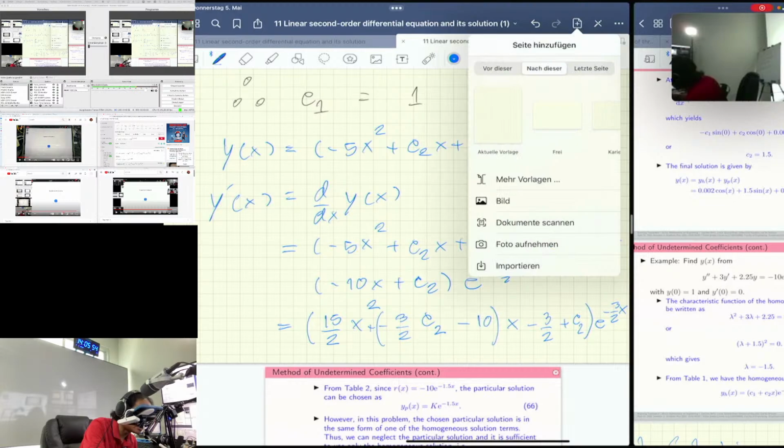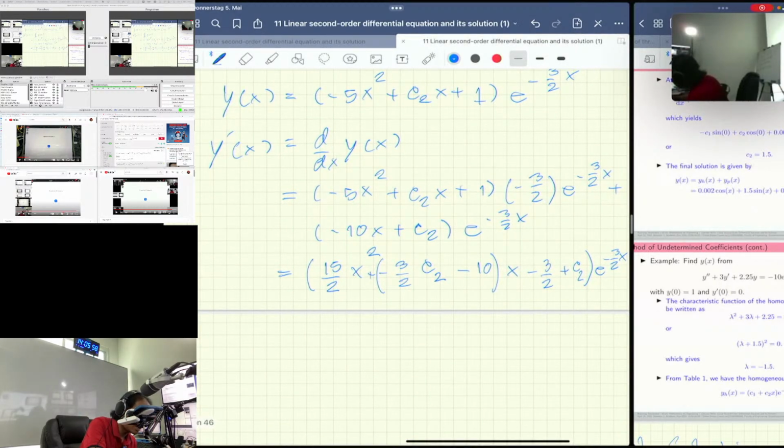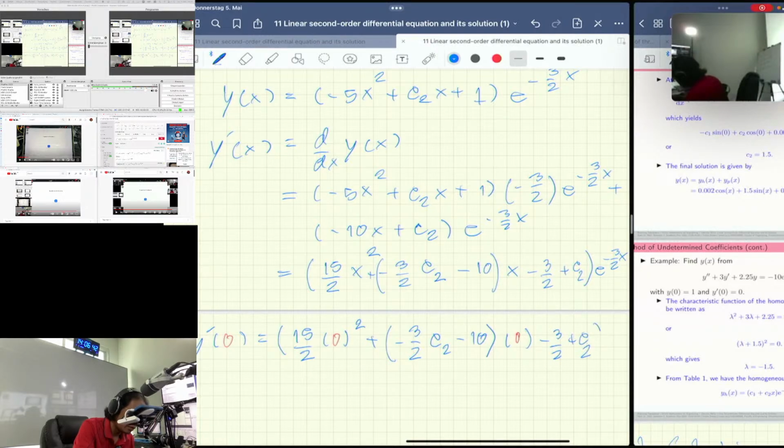And now it's time to substitute, because we're going to see y prime 0 will be open parenthesis, 15/2 times 0 squared plus -3/2 c2 minus 10 times 0, because x is 0, and then -3/2 plus c2 exponential -3/2 times x, where x is equal to 0, right?